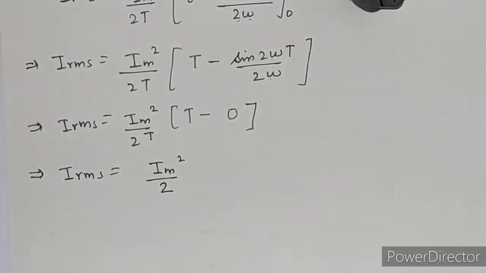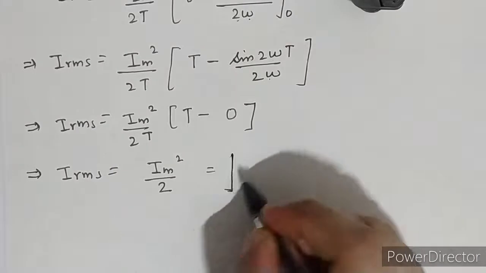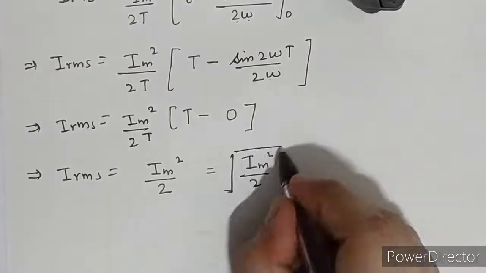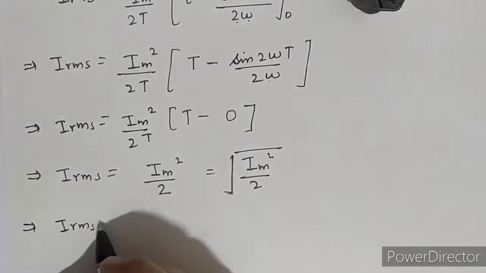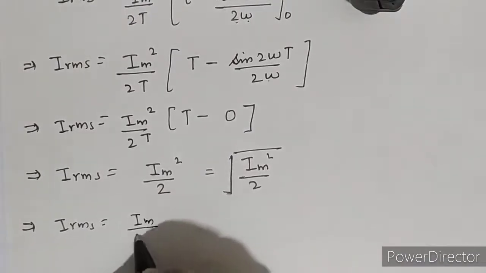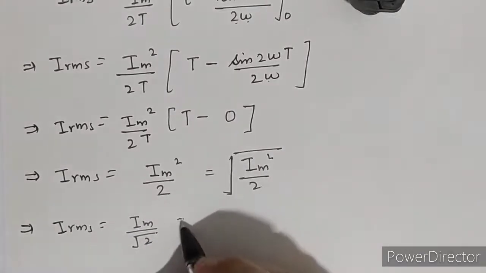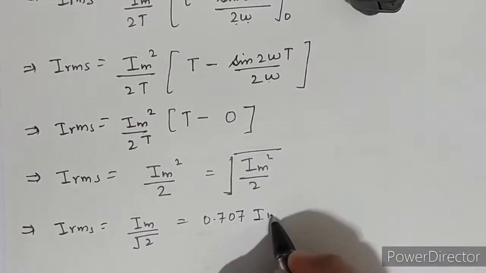Now we have to take the root also. In the form of root, it will be Im square upon 2, so I RMS will become Im upon under root 2. While calculating this value, you get 0.707 Im.